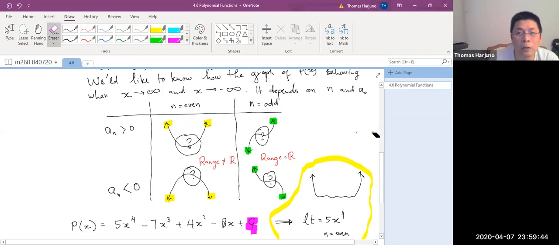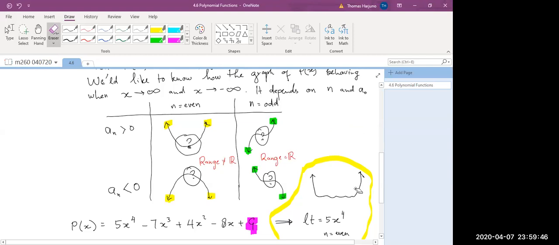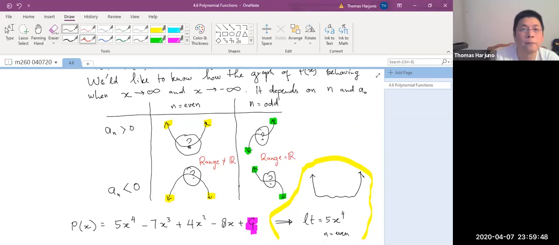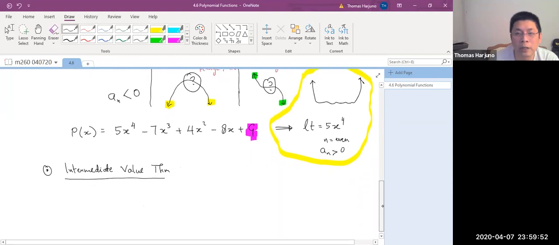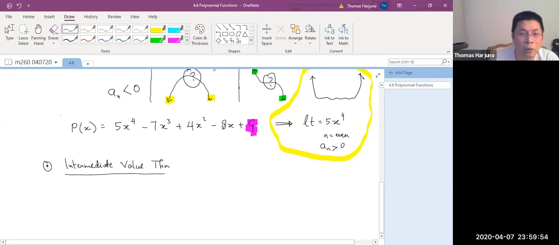Now, another good property of a polynomial is that it is continuous everywhere. The intermediate value theorem that I use here, I modify to be for our polynomial functions, but it actually applies to every continuous function.